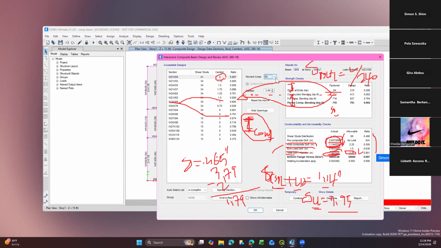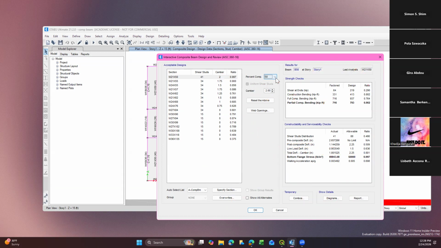I want you to just take a look at it, and while you're preparing the midterm, you need to show one typical detail, and you could address and elaborate. In the PowerPoint, you show this, and you can briefly cover the strength check: the maximum stress ratio for bending in this case is 0.92, less than 1, so it's okay.